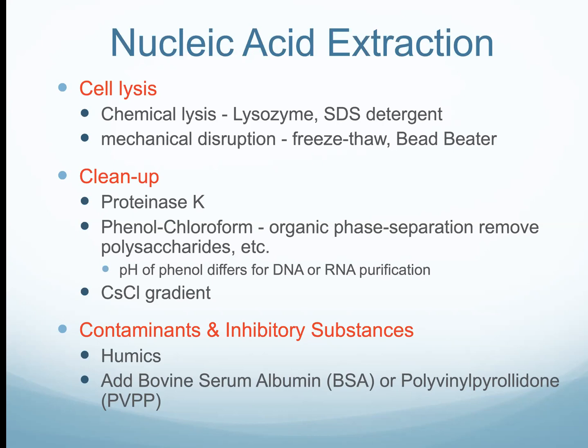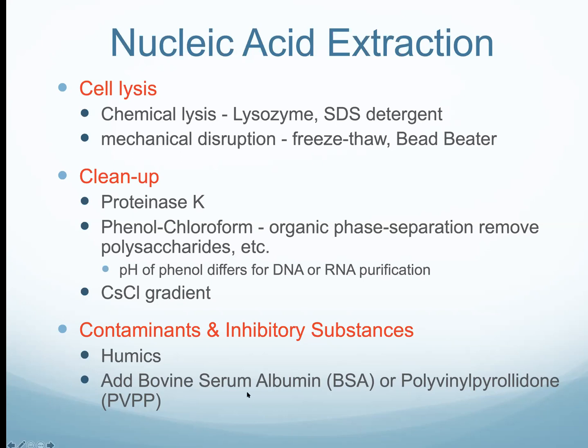So remember, those are those high molecular weight organic molecules that polymerize from decaying vegetation, plant matter in the soil, which is what makes those soils really rich, mineral rich and carbon rich for plants to grow in, but they also can inhibit PCR. And so what we often do is add chemicals.